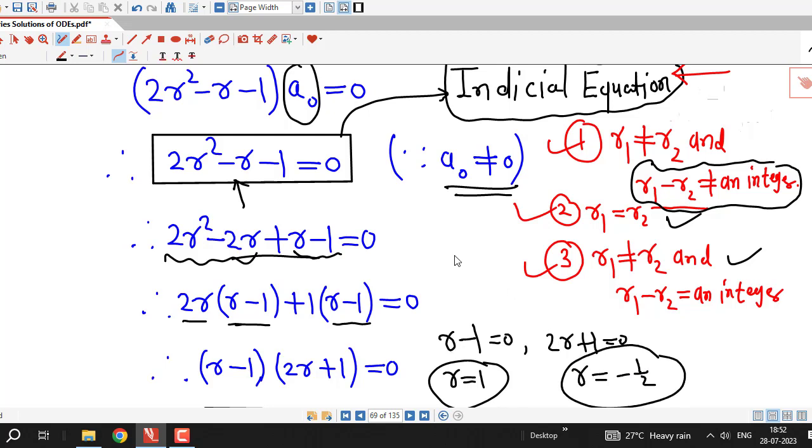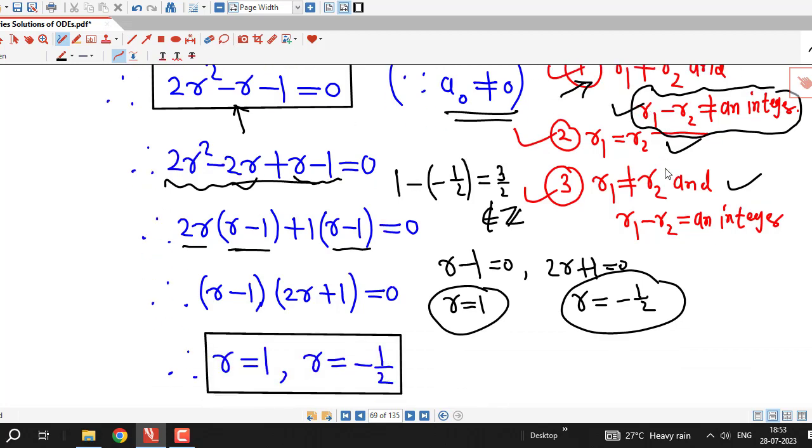So both are different and their difference is 1 minus (minus 1 by 2), that is 1 plus 1 by 2, which is 3 by 2, and it is not an integer. So we are in the first case, that the roots of the indicial equation do not differ by an integer, that is r1 minus r2 is not an integer.